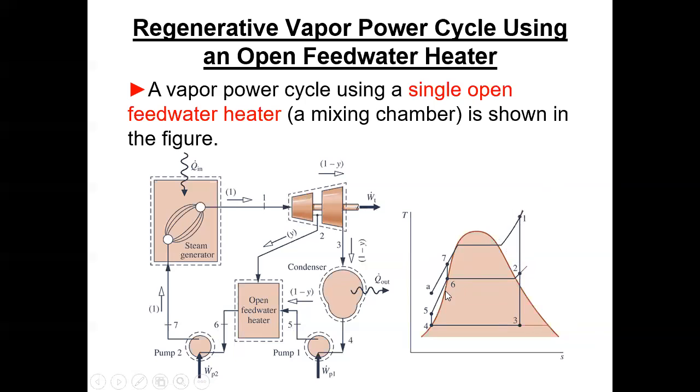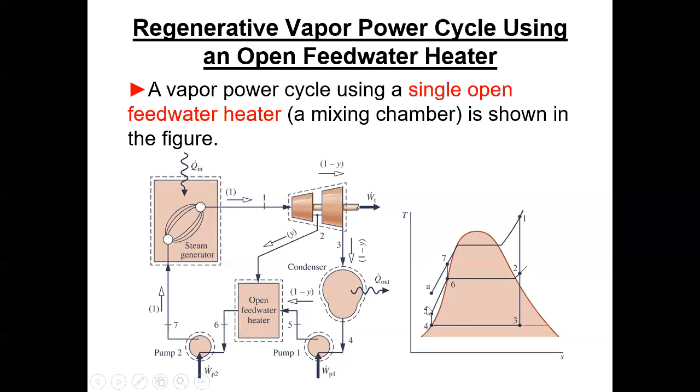The rest of the steam goes from 2 to 3 and expands down to the low pressure. Then I condense, and pump through my first pump up to 5. Then from 5 to 6 happens in the feedwater heater. And then I have another pump from 6 to 7.